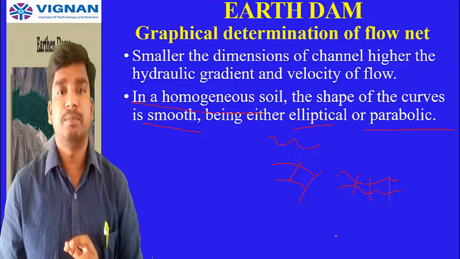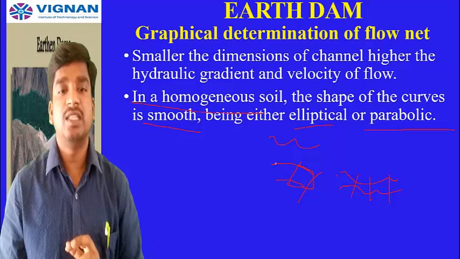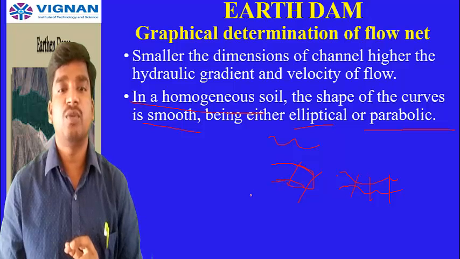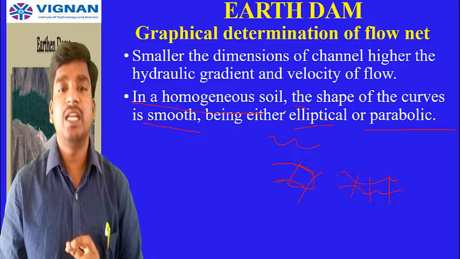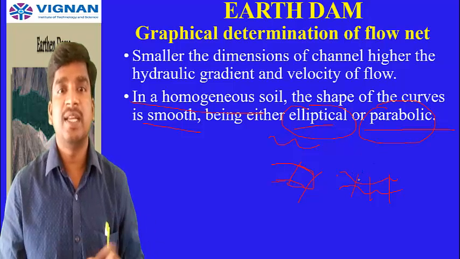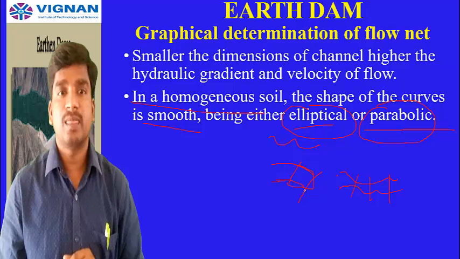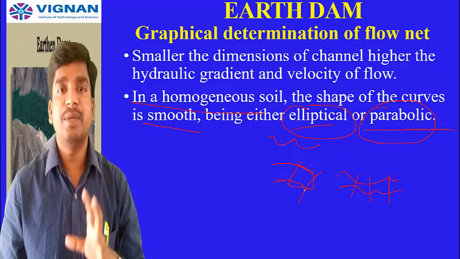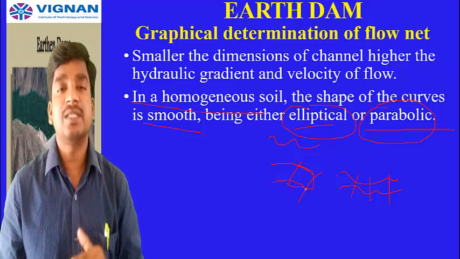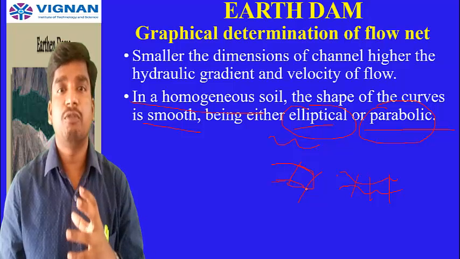They form perfect squares, and the flow lines are either elliptical in shape or parabolic in shape. Apart from this, none other is encouraged. So this is the information regarding the graphical representation of this flow net.